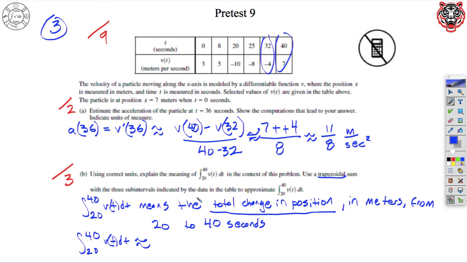All right, so the reason I was wrong is because I have to go from 20 to 40. So I start here, here, and here. Difference between 20 and 25 is 5. Difference between 25 and 32 is 7, and then 8. And then I find the average of each of these. So average here is -9, average here is -6, average here, -4 plus 7 is 3, 3 divided by 2 is 1.5.